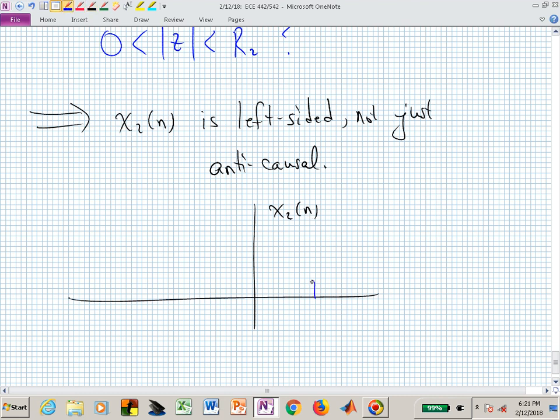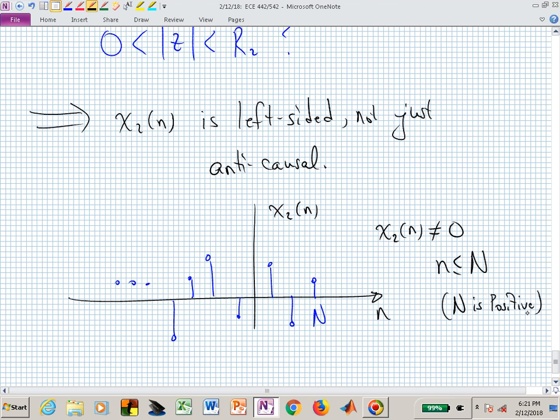So that now we could start up here at n, and then go off to the left, where x sub 2 of n is non-zero for n less than or equal to capital N. Again, capital N is positive.